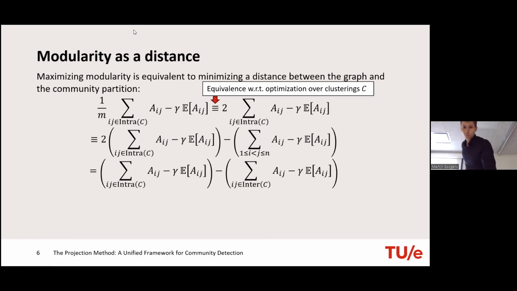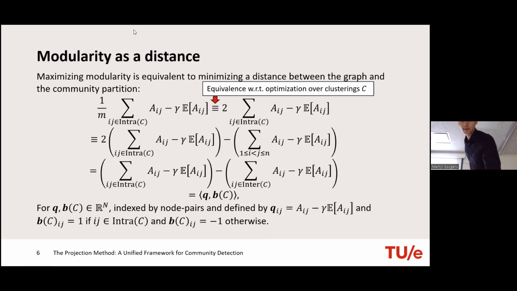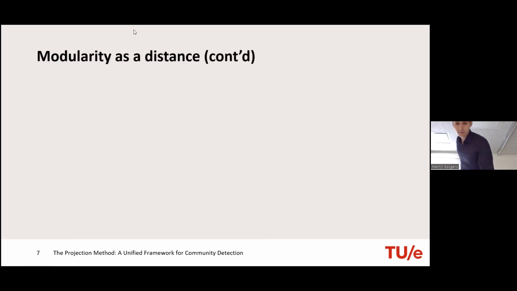And then these two sums we can nicely rewrite as this inner product. So where this Q_ij is just whatever we have over here in the sum. And this B_C is this vector which is 1 for every intra-community pair and -1 for every inter-community pair. So that way we can rewrite modularity as this inner product.